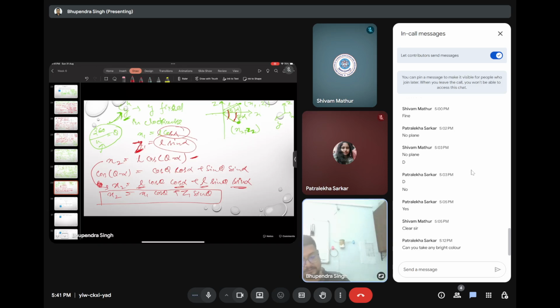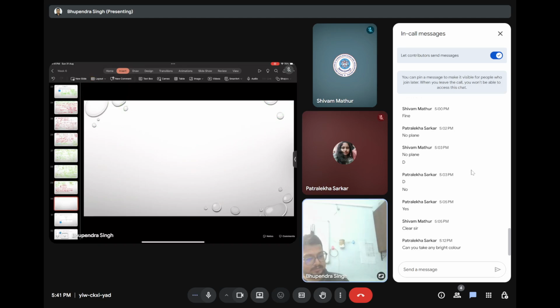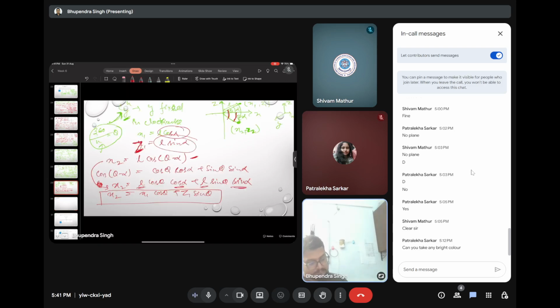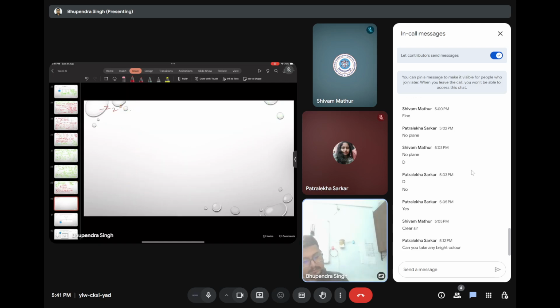The next is minus z2. So minus z2 will be L sin (theta minus alpha).